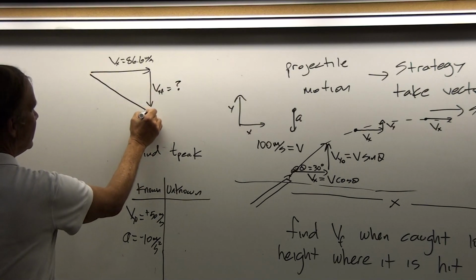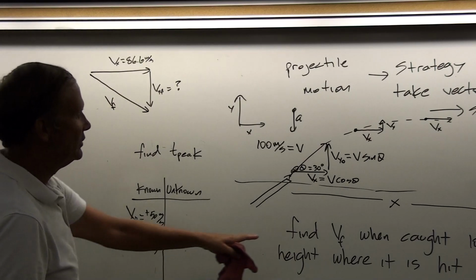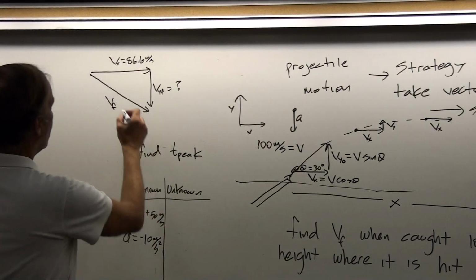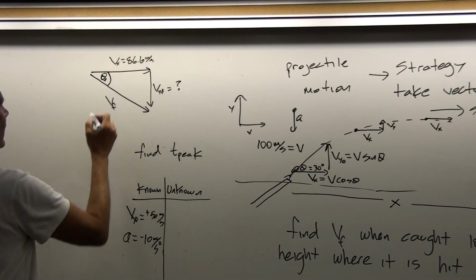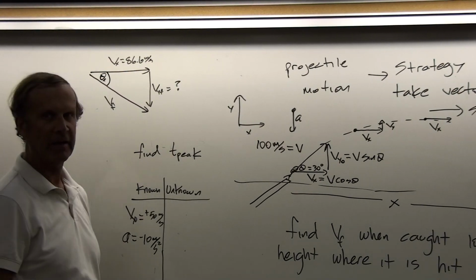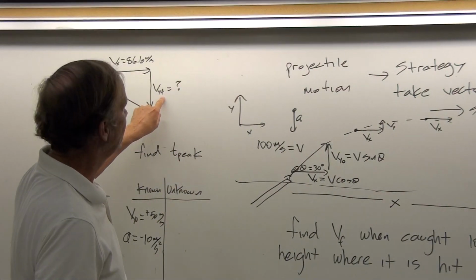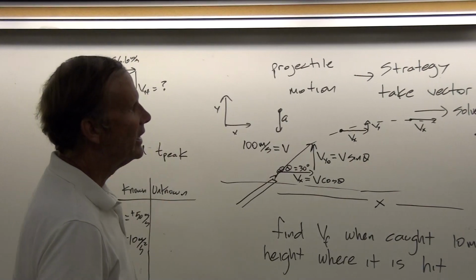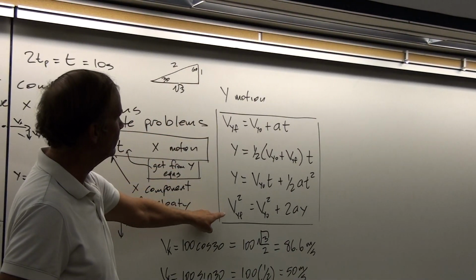And we can't get V final, which is the resultant vector, or the angle theta final, until we've done some calculations. And so we're going to need to find Vy final, which means, again, that we have to go back to our y equations of motion.